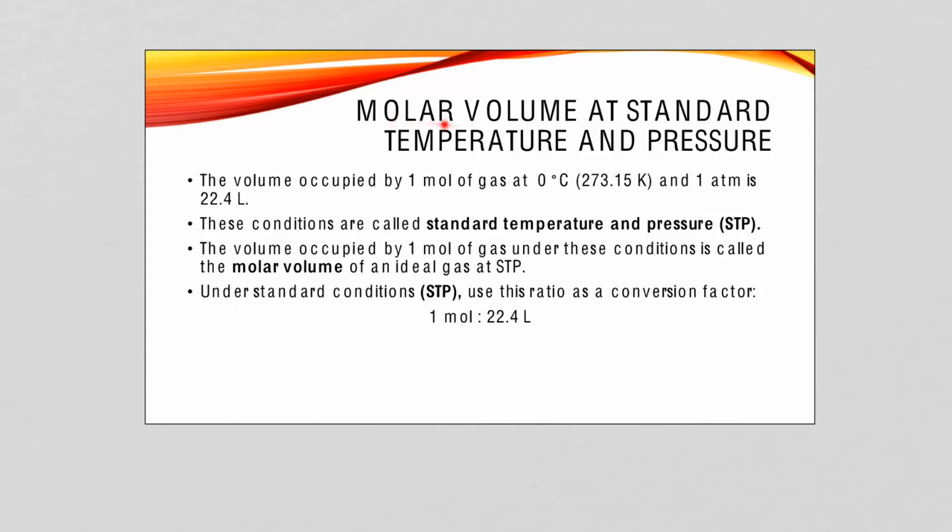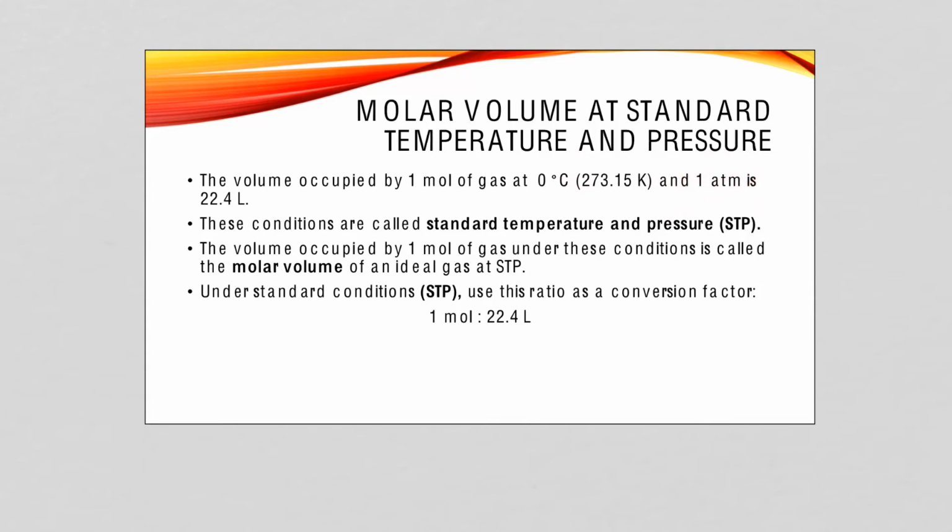So molar volume is just as it says. It is the volume of 1 mole of gas, the volume occupied by 1 mole of gas at standard temperature and pressure. So what are standard temperature and pressure? Well, standard temperature and pressure are 0 Celsius or 273 Kelvin and 1 atmosphere of pressure.